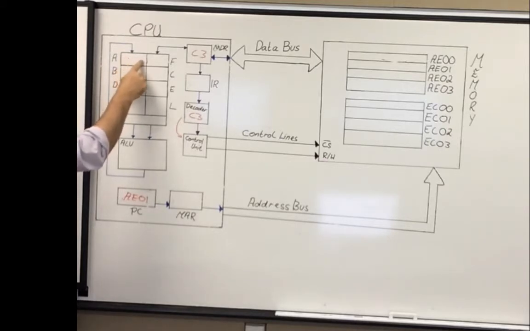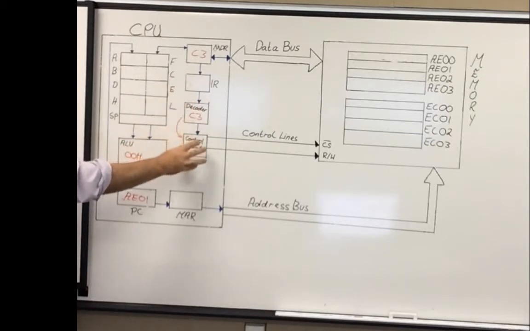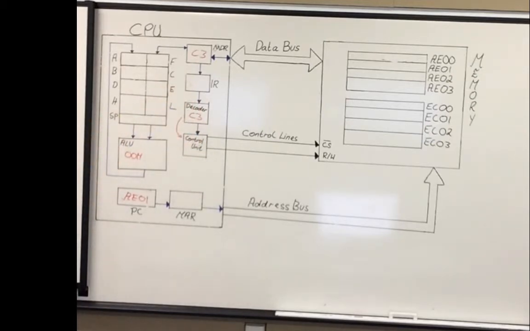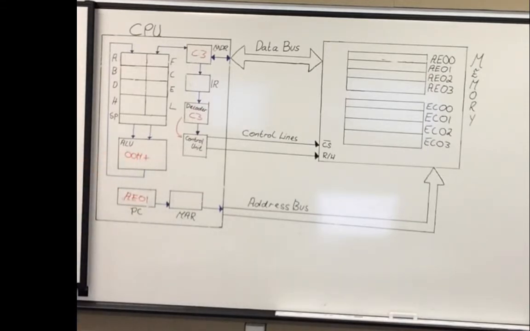So this will come out, and information from the decoder goes into the control unit. The control unit will, in this case, request that this value is increased by 1.